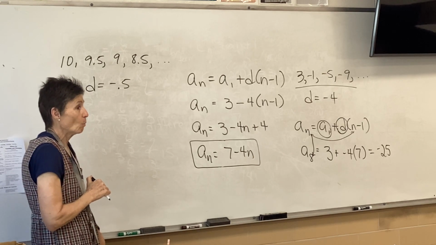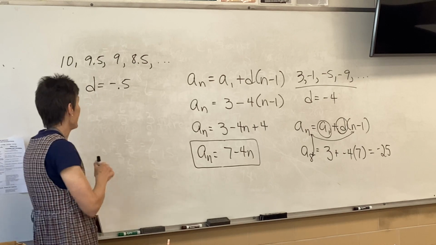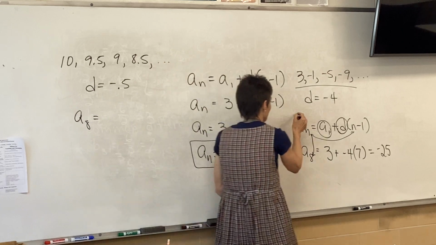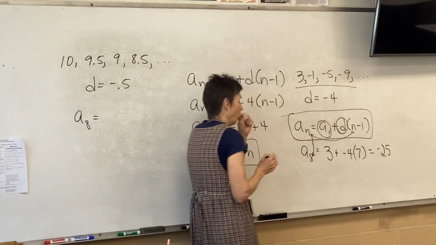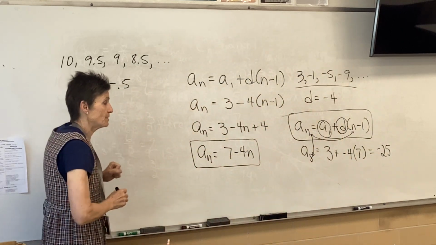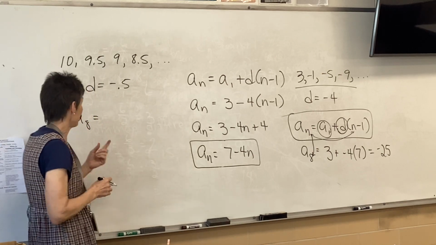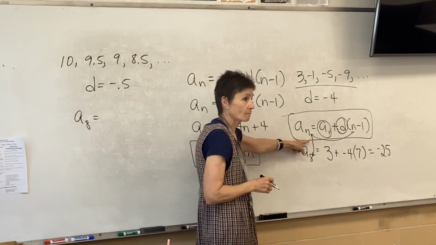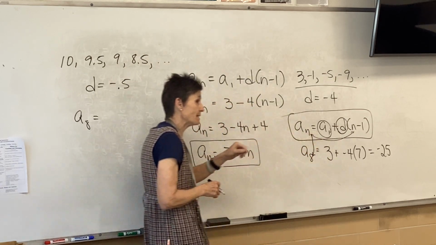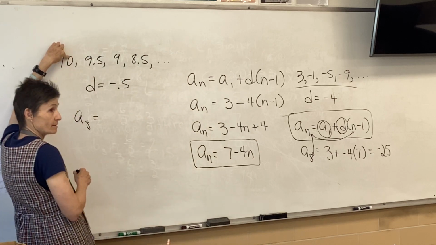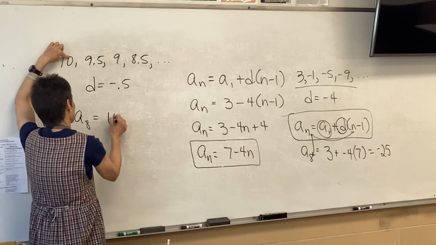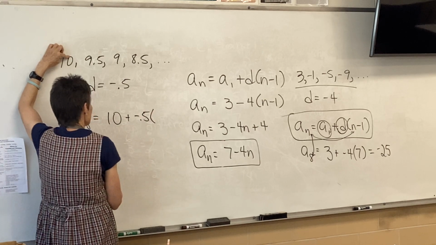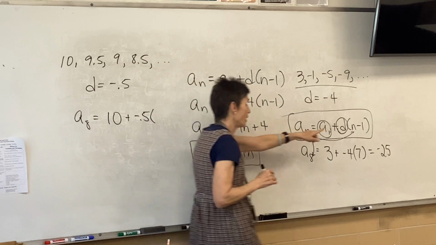So now, if I want the 8th term, a sub 8, here's my formula right here. What do I need to do to find, well, really any term, but the 8th term specifically, I have to let n be 8. And then what does that equal? A sub 1, which is 10, plus negative 0.5 times n minus 1.